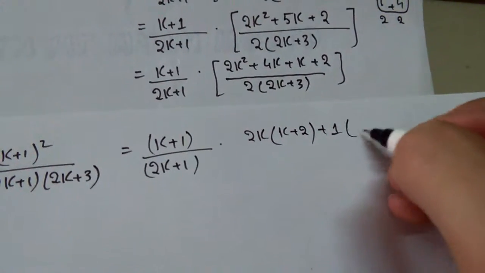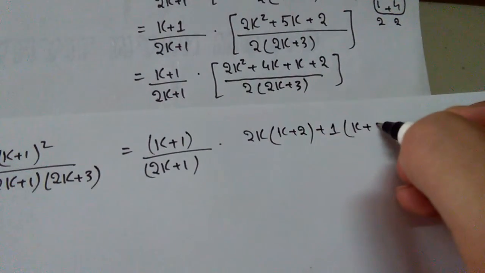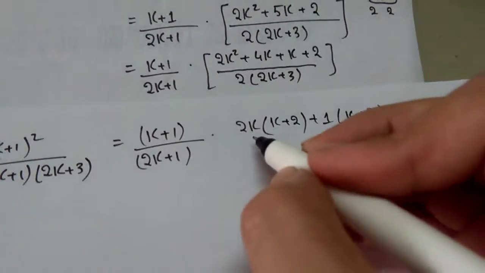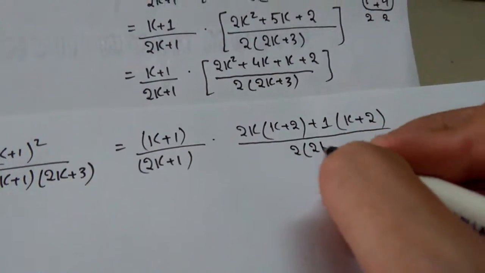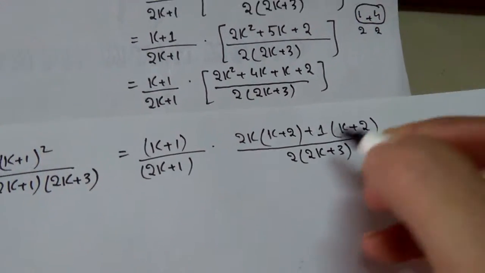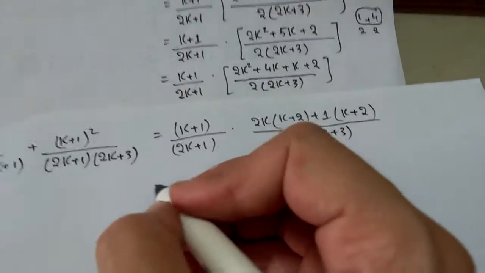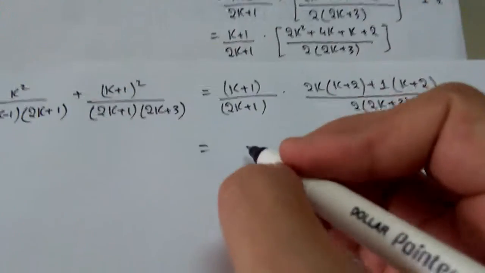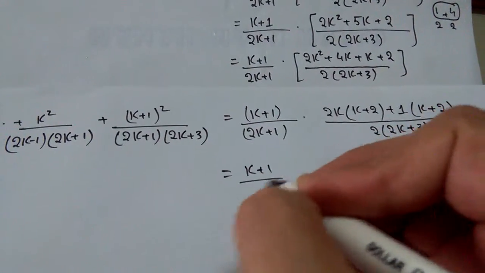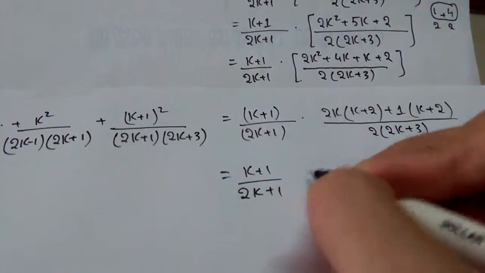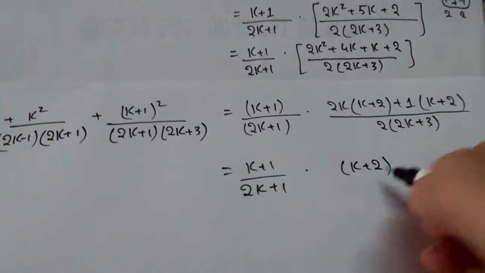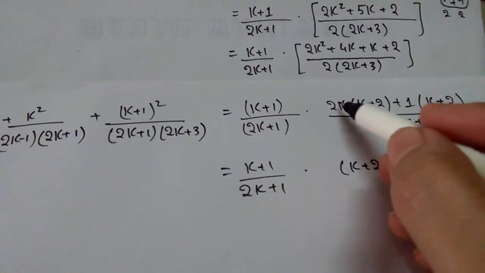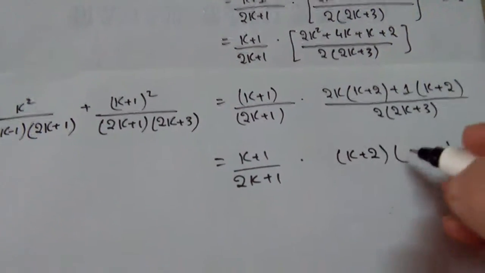It means 1 is over here, though we do not write this 1, but just for understanding I'm writing it for you. That's it. Now you just write the factors. The common factor is written just once, and another factor is going to be written by combining these remnants.